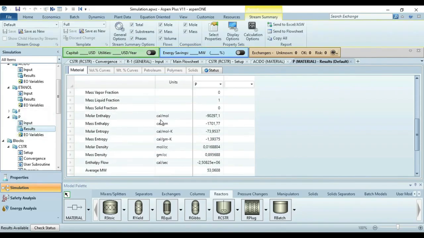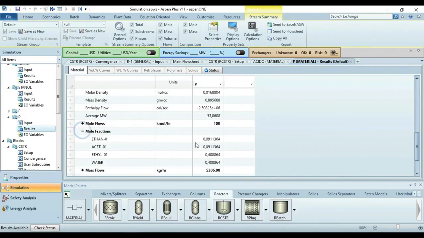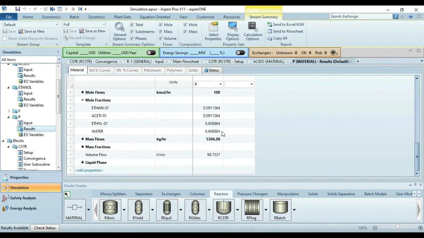I can see that the reaction happened and I obtained ethyl acetate and also water as products, and as the reaction is one to one, we can see that the proportion is okay. So the mass balance has also converged for this reaction. Okay, so we finished the simulation, simulating this kinetics in this reactor.